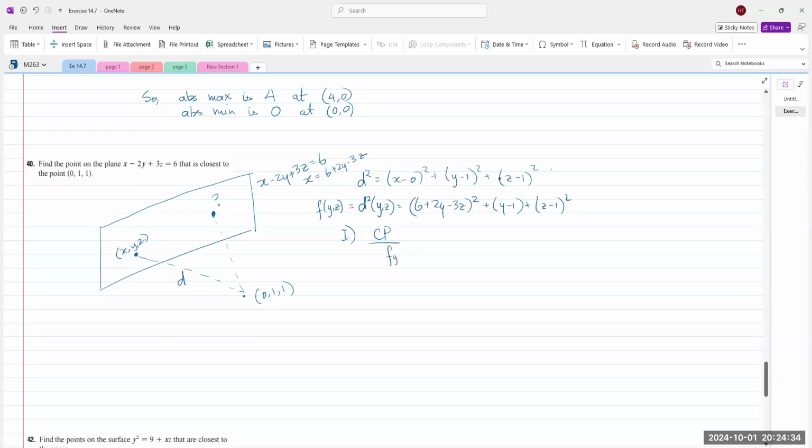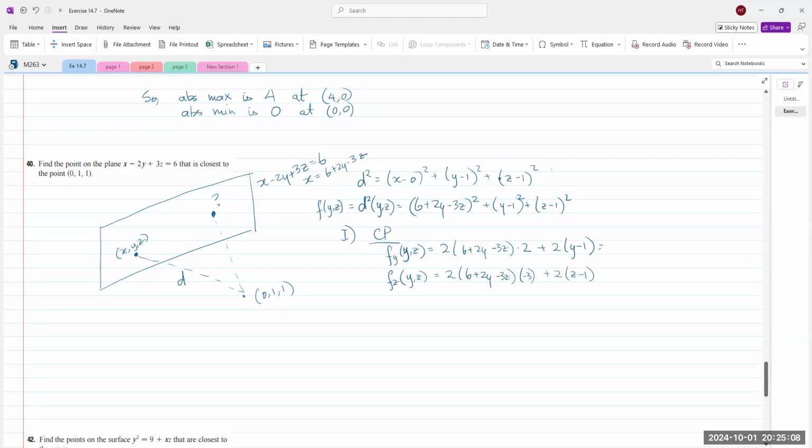f sub y of (y, z) will be 2 times (6 plus 2y minus 3z) times 2 plus 2 times (y minus 1). f sub z of (y, z) will be 2 times (6 plus 2y minus 3z) times negative 3 plus 2 times (z minus 1).